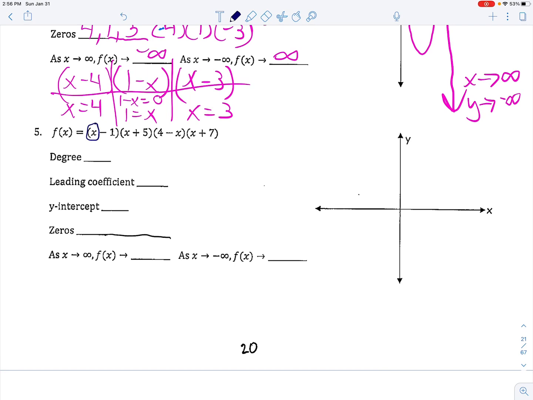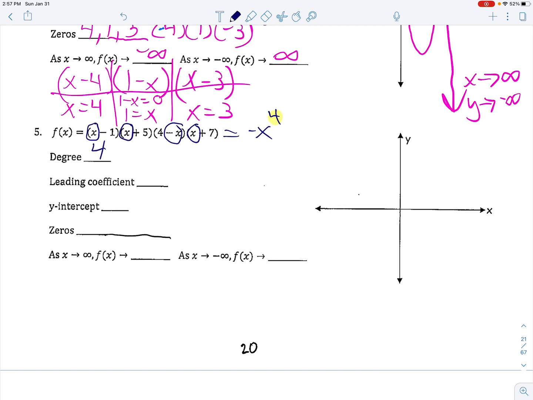All right, so I look at the x's here to see the degree of this function. So it's an x times an x times a negative x times an x. If we were to multiply that all out, x times negative x times x would get me a negative x to the 4th.